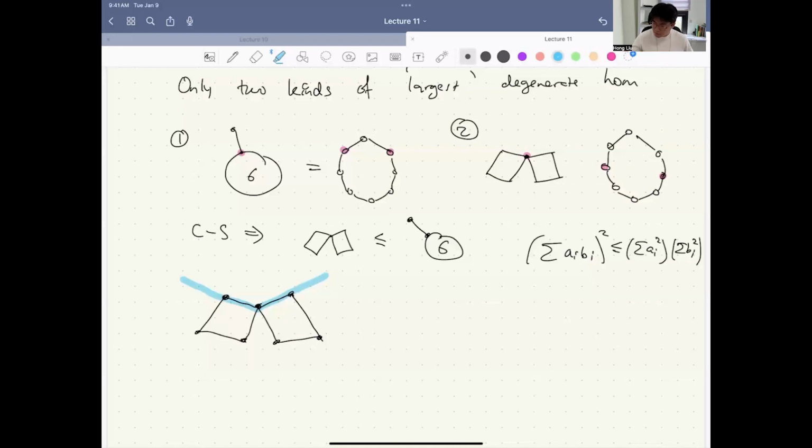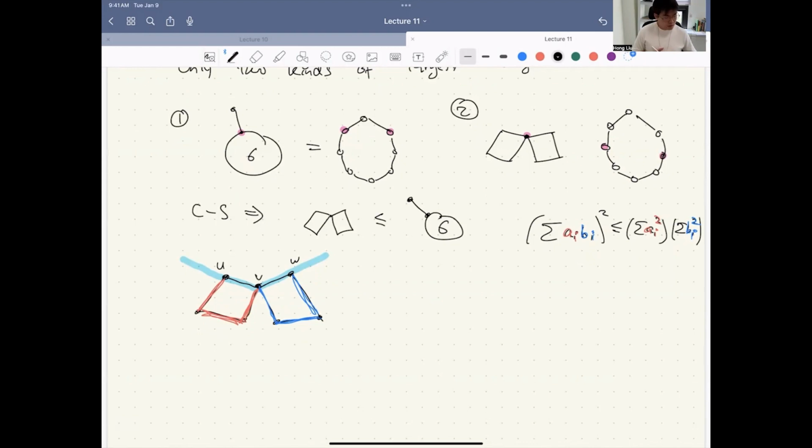What does it mean? Let me make this red. Let me make this blue. Okay, so this is the red part. This is the blue part. This is the red part. Let's call these vertices U, V, W.